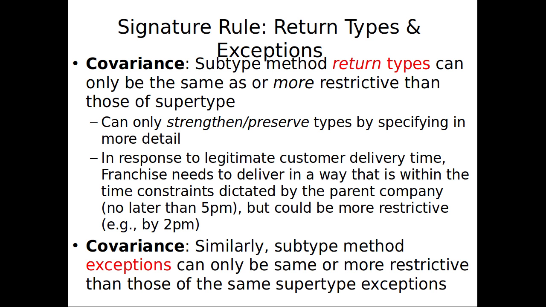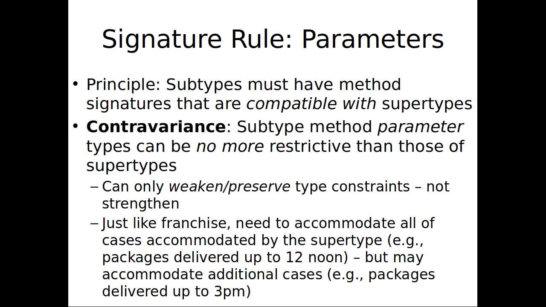By contrast, for parameters, it's contravariance. It's the opposite. If we have A as a subtype of B, and we have a method in A that corresponds to a method in B, if we consider the parameters for that method, the parameters for that method in the subtype can only be a supertype of, including the same type as, the corresponding parameters for that method in the supertype.